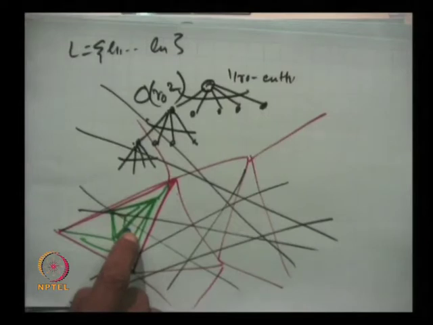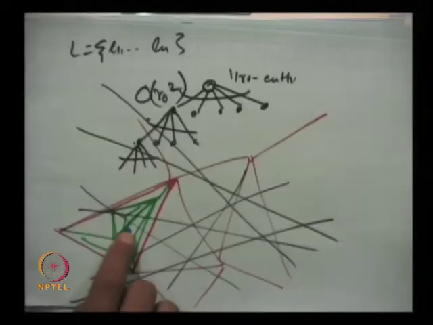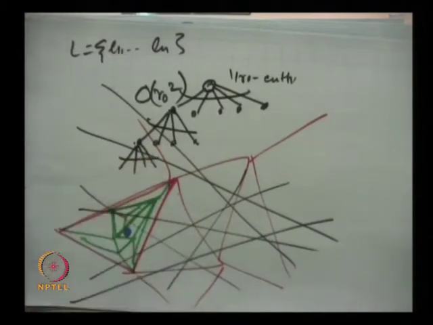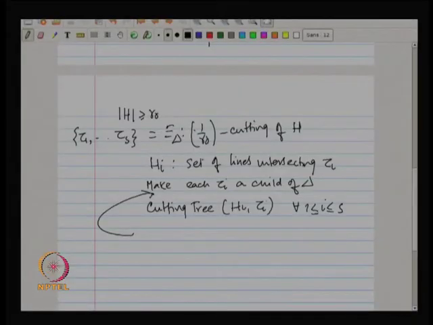So since I care about the lines lying above the point, for each triangle, I store the number of lines that lie above this triangle. Okay. So what you do is you modify this construction. For each triangle, you store the number of lines of H.